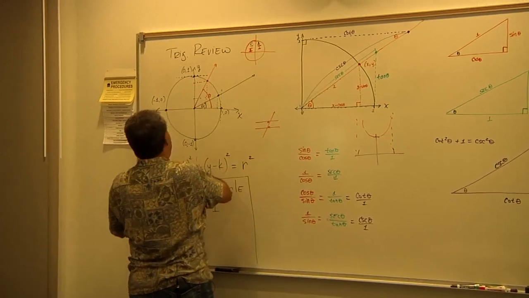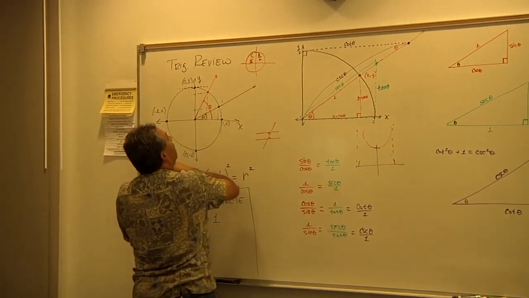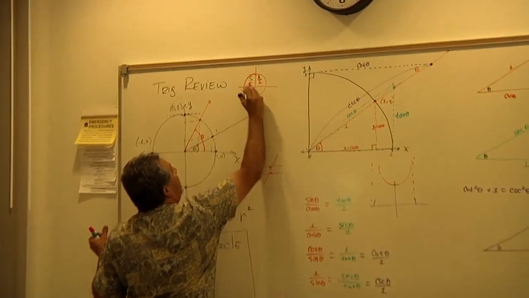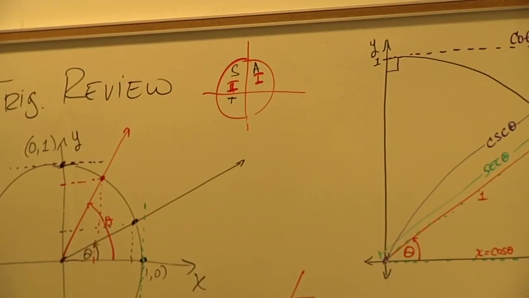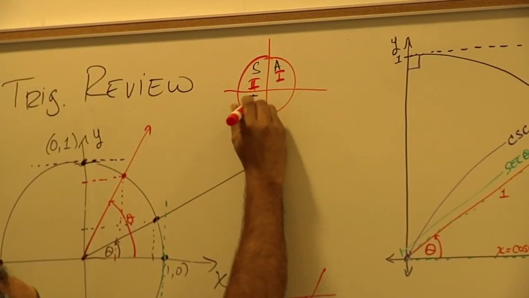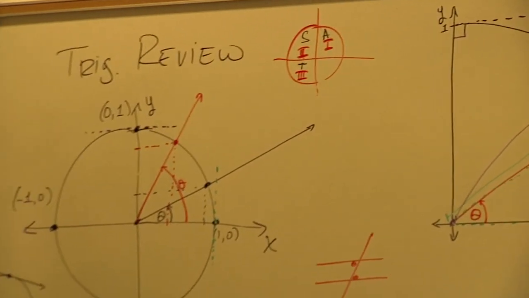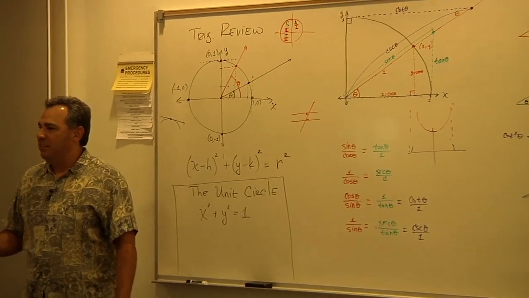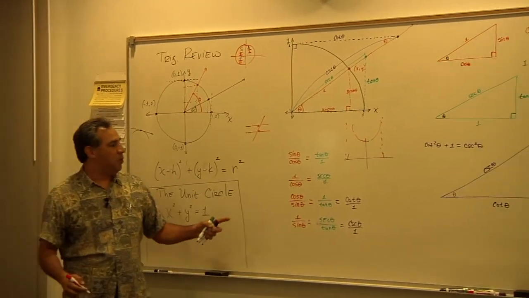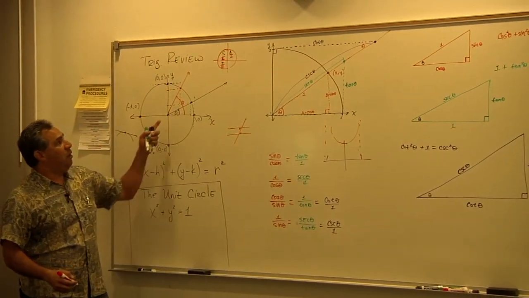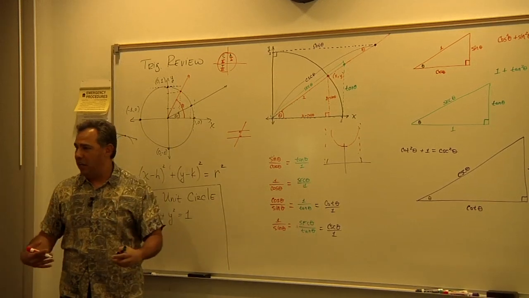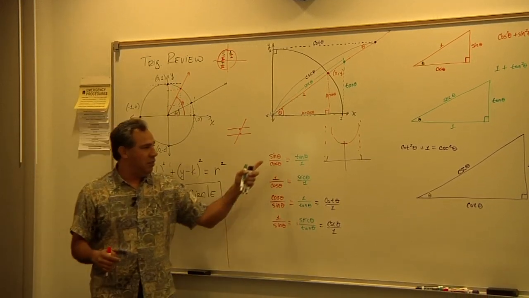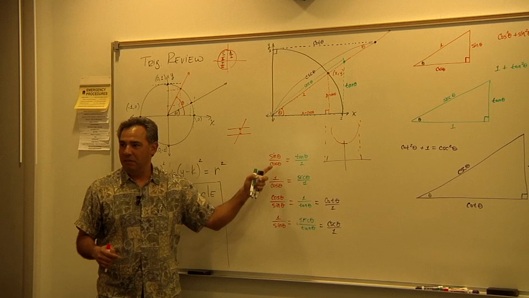What about in quadrant 3? Okay, it went all students take. What did the T stand for? Tangent. So they were saying tangent's positive. Of course tangent's positive in quadrant 3, but why? Because in quadrant 3, both the x and y coordinates are negative, right? Which means both sine and cosine are what?